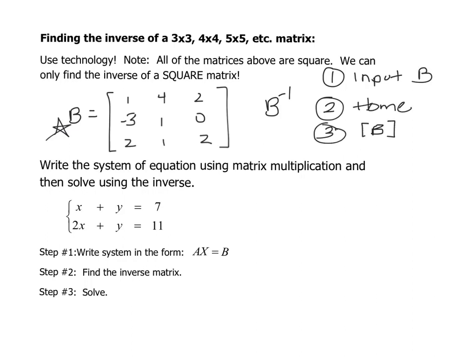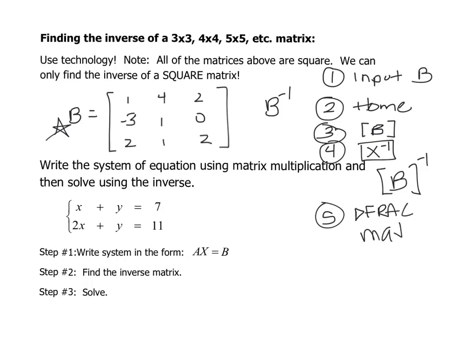Then we're going to get the name of our matrix, and we're going to press that X inverse button, and that's going to give us B inverse, which is our inverse matrix. Oftentimes, we're also going to need to put this in fraction form, and so we're going to convert it to fraction form by using our math menu.